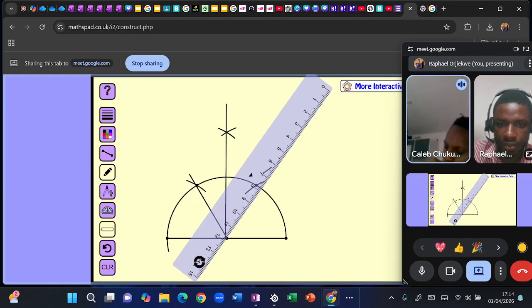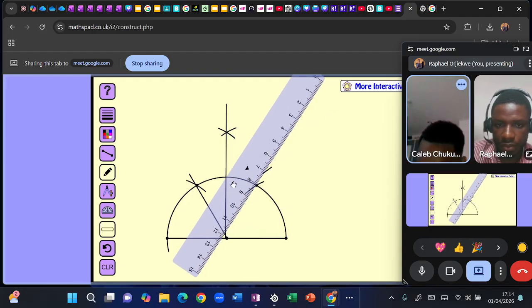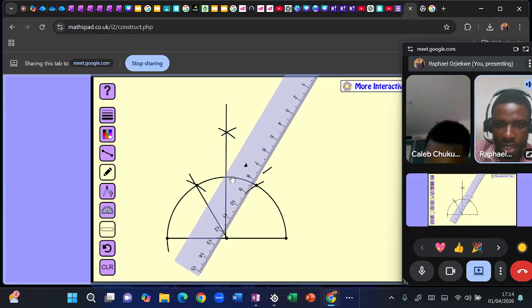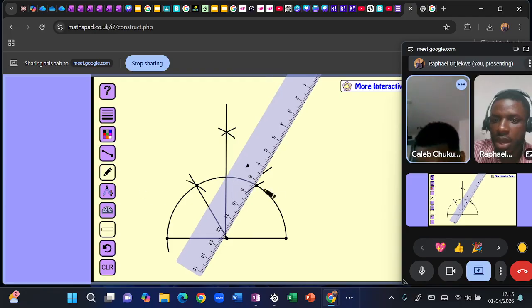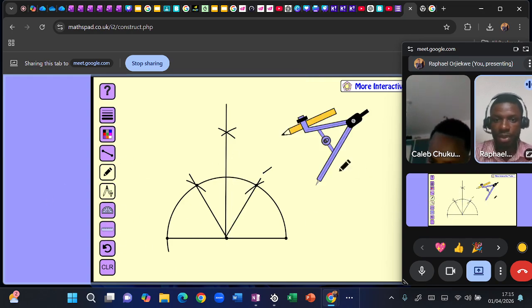There's a small trick here. I'm going to fix that. Okay, then we'll connect that. Okay, now let's hide our ruler. Bring in our compass. And remember, we've done 3 angles already, remains 4.